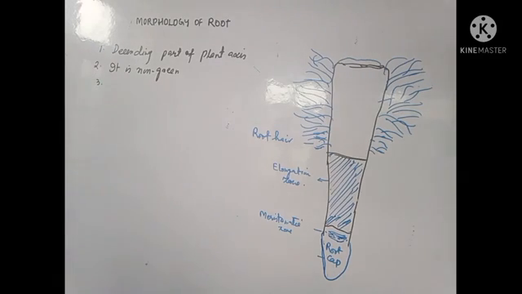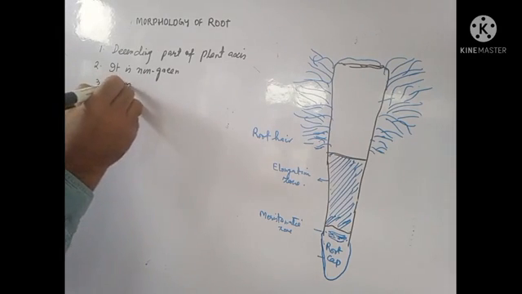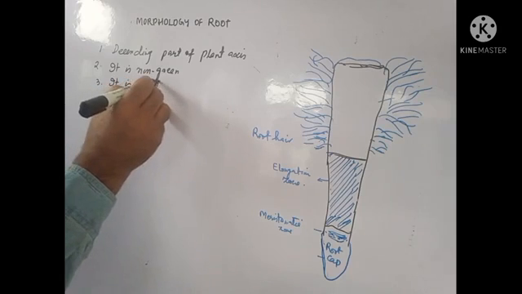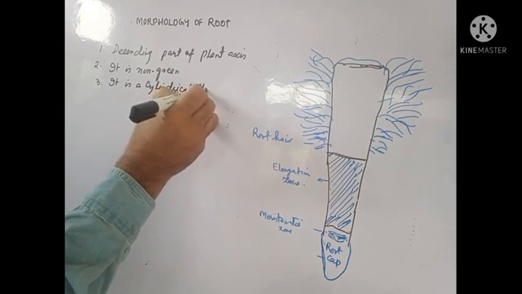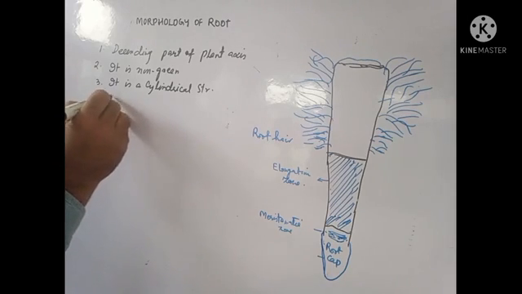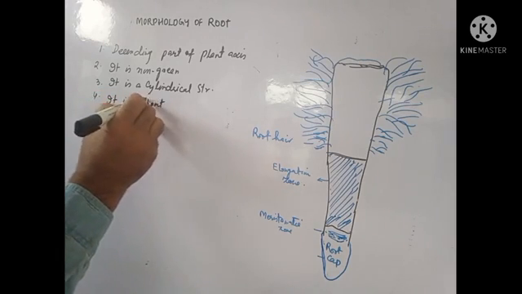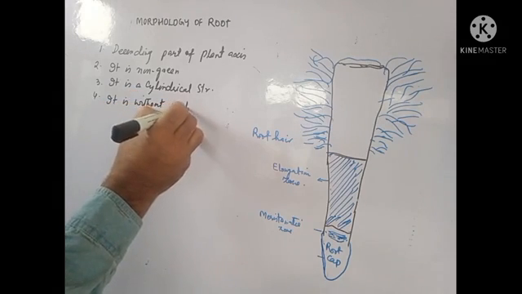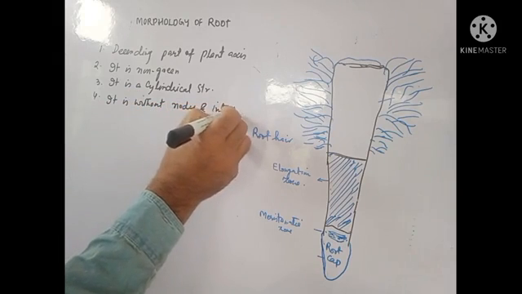Number third, it is a cylindrical structure. Number four, it is without nodes and internodes.